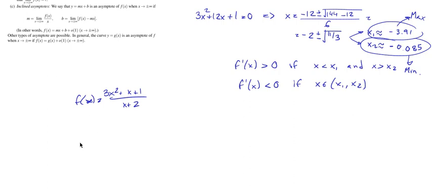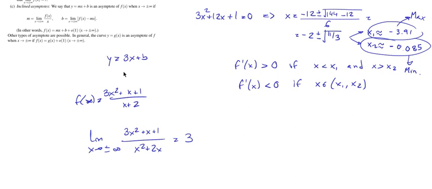So if we have the limit when x goes to plus minus infinity of 3x squared plus x plus 1 divided by x squared plus 2x, this limit is going to be 3 in both cases, so it's going to be an inclined asymptote, right? This is going to increase, but just as fast as 3x, right?